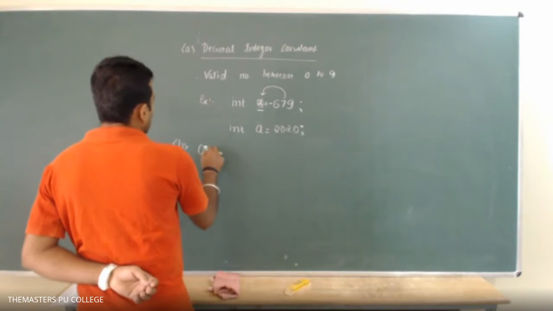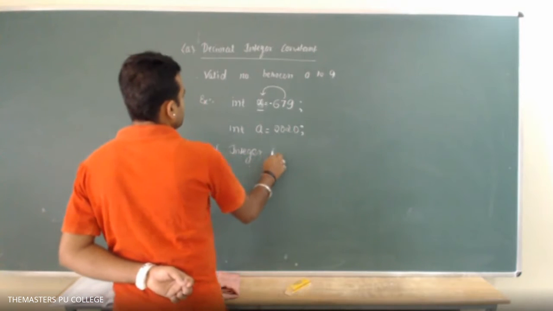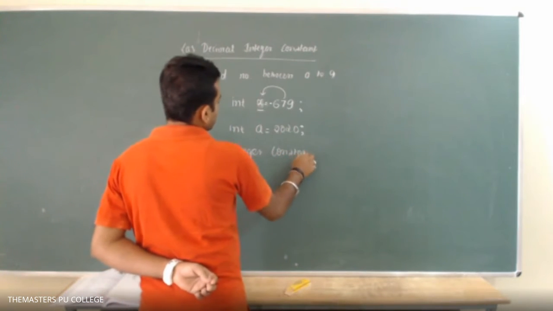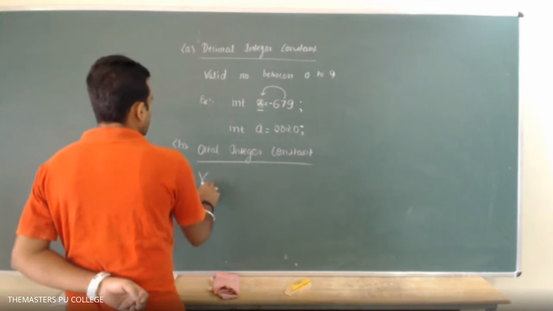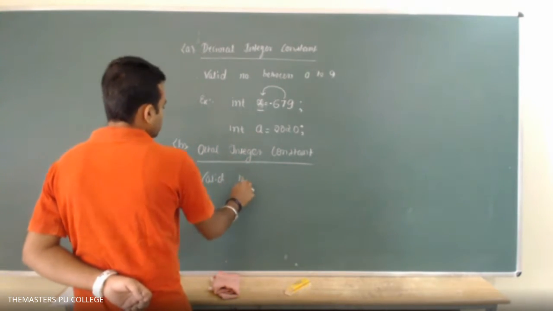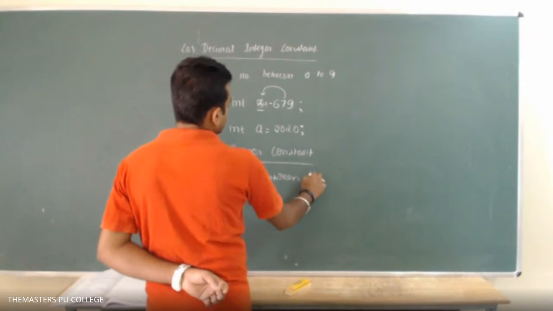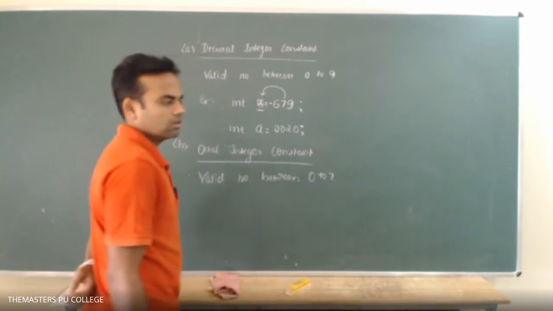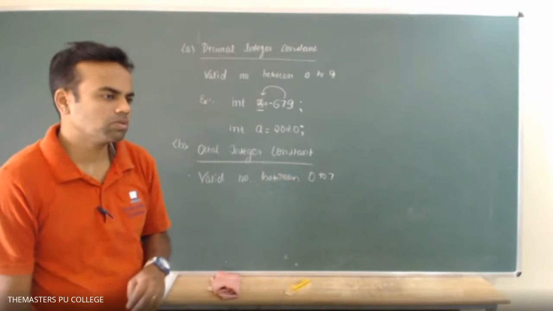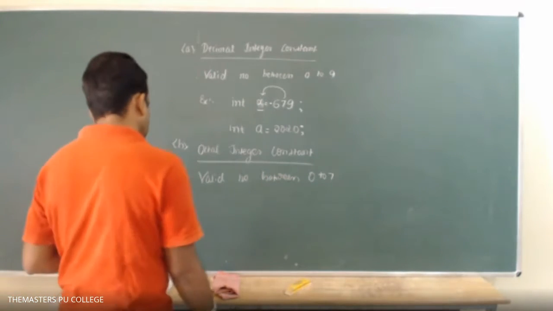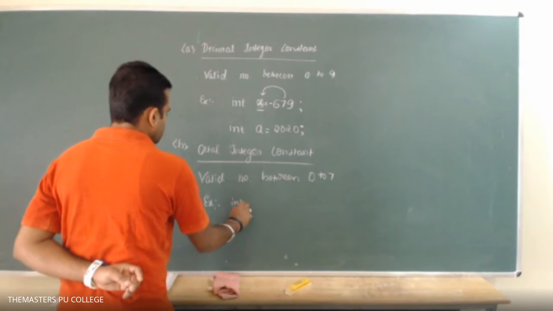So next, octal integer constant. It has a valid number between 0 to 7, and the base of the octal number system is 8. Next example, again integer.